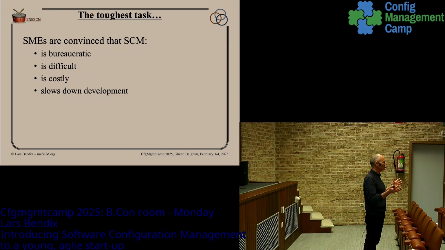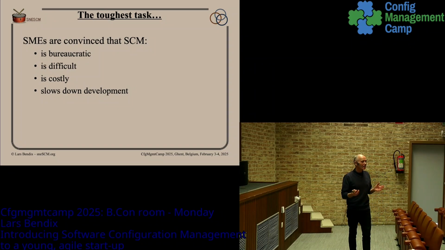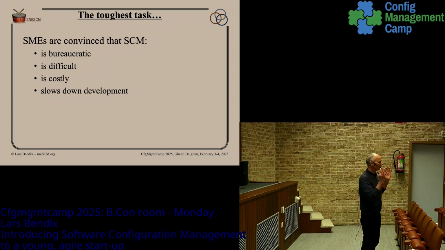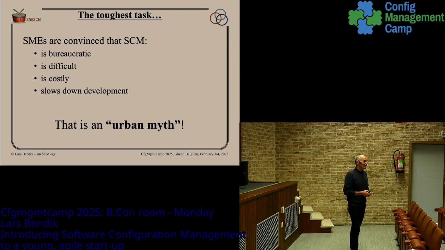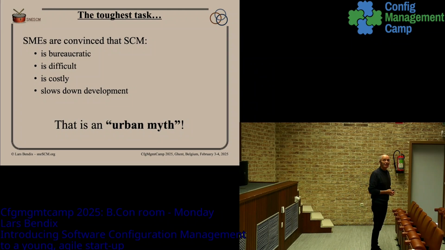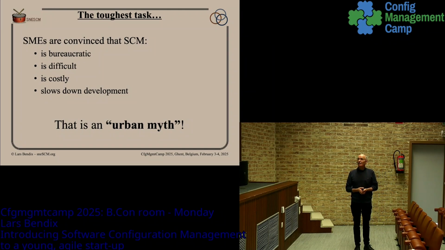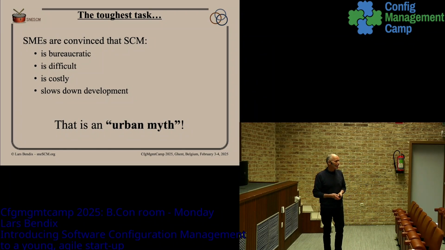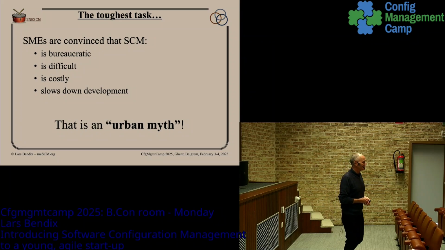And sometimes in a development project, we need to slow down. And other times, we can go as fast as possible because we know we have a safety net. So the way that these small and medium enterprises think about software configuration management is an urban myth. It's not like this.